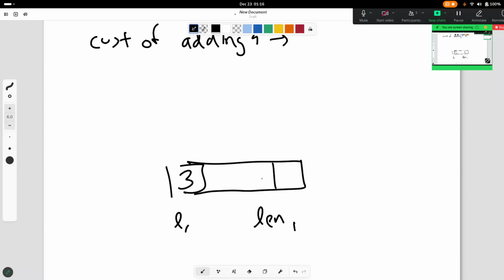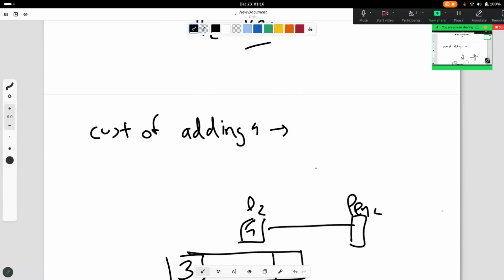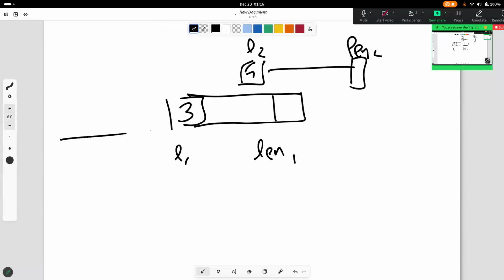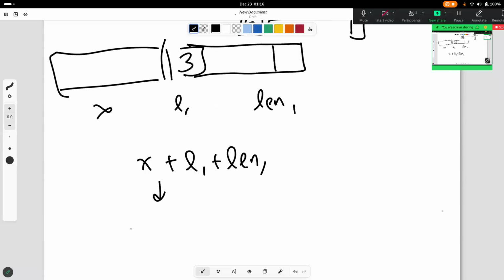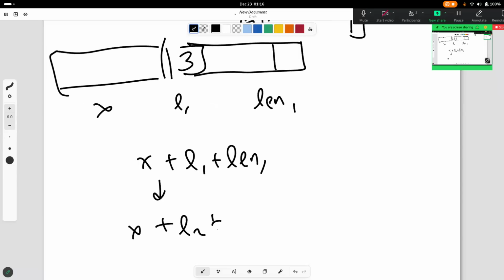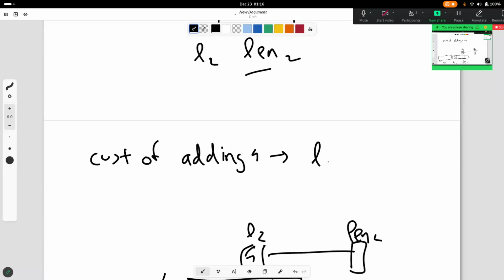And when we added this 4, say somewhere over here, this was up to L2, and this traveled at max up to length 2. So initially our score was this previous X, whatever array we had, our score was x plus L1 plus Len1. And after adding 4, our score became x plus L2 plus Len2. And we can just take the difference, and the cost of adding 4 is actually this thing.